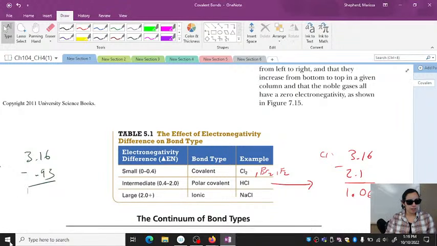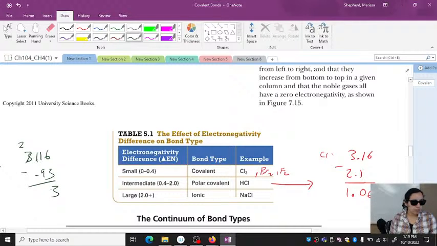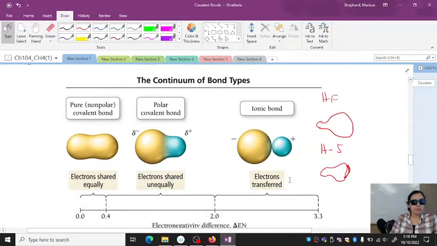Let me get out my calculator. I guess I don't need a calculator. So 2.23 for the difference, so that's greater than 2. And that tells us, okay, that's an ionic bond. And again, there's kind of the continuum.